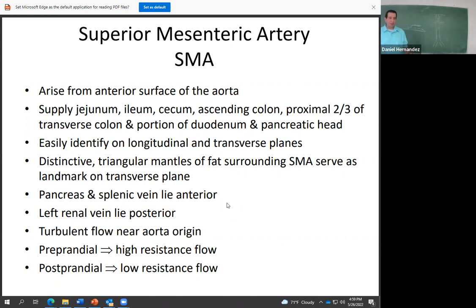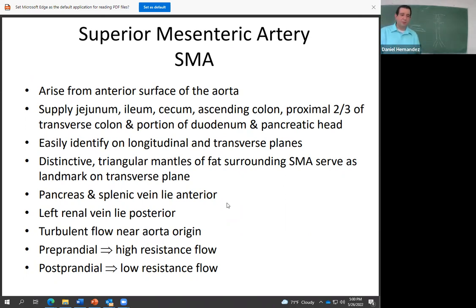So we look for changes in those resistive indices. We do a baseline study with them fasting. This is what it is. After they eat, we check to see if we get reversal of that resistance into something that is low resistance.